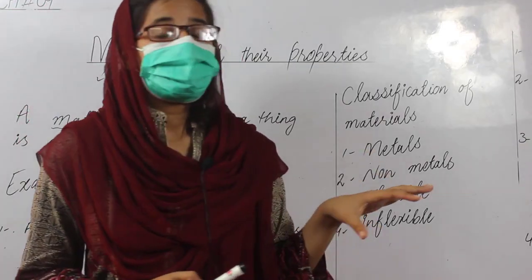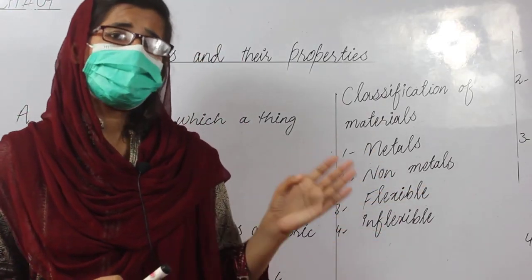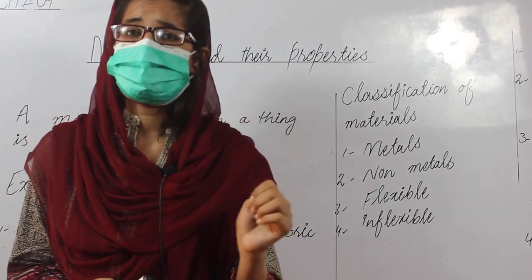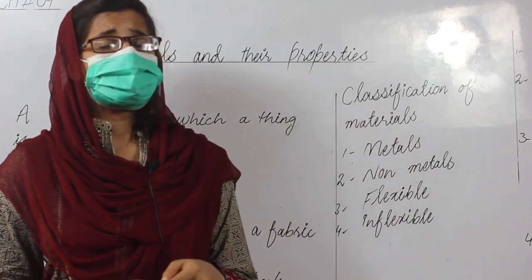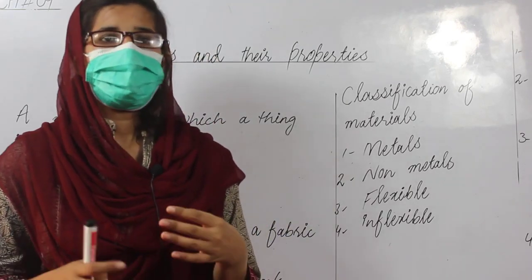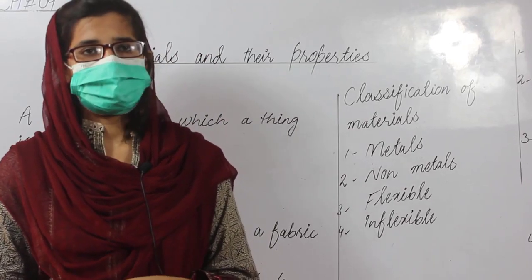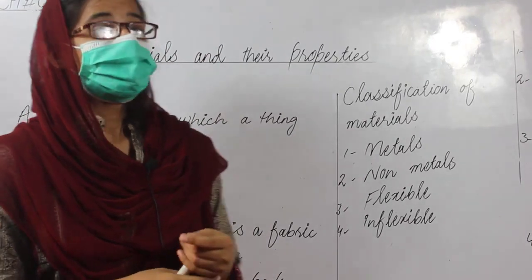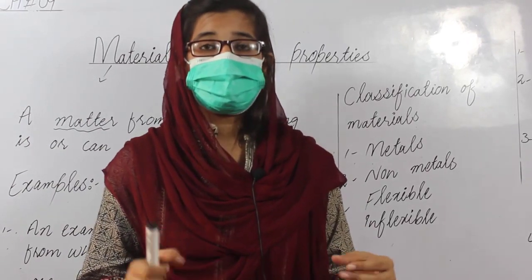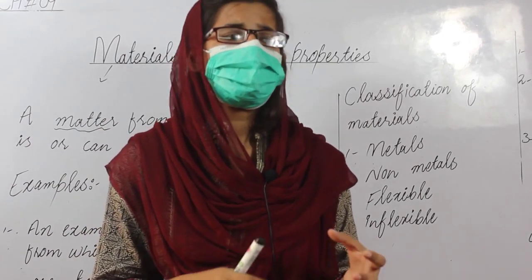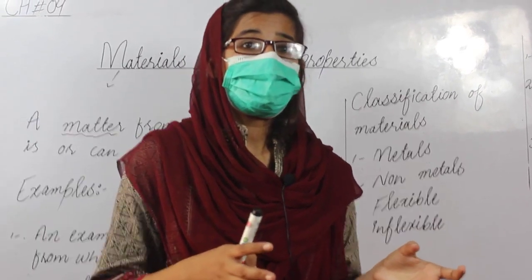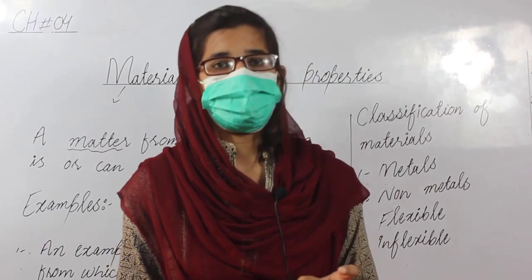Non-metals are the inverse of metals. Here are the differences between metals and non-metals. First, metals are shiny in appearance, but non-metals are dull in appearance; they are not shiny. Metals are ductile. Ductile means they can be drawn into thin wires, but non-metals are non-ductile; they cannot be drawn out.